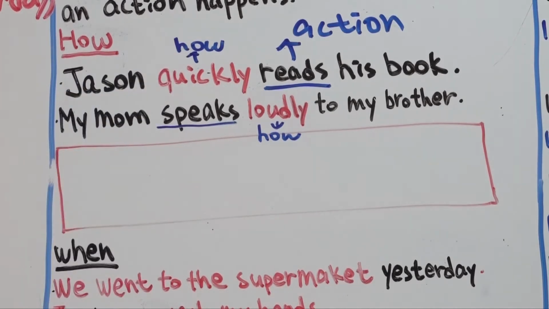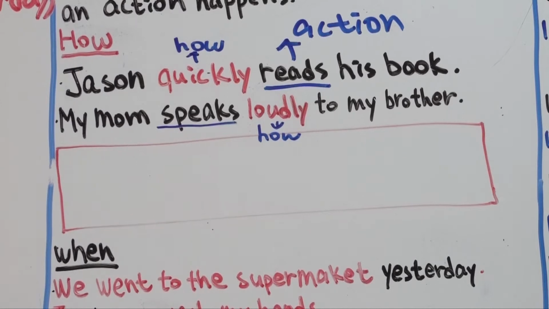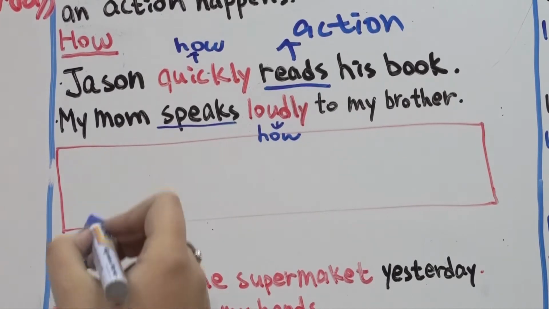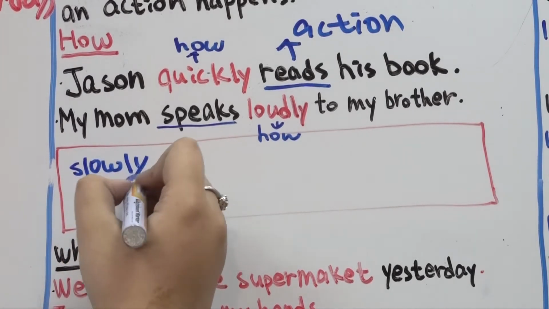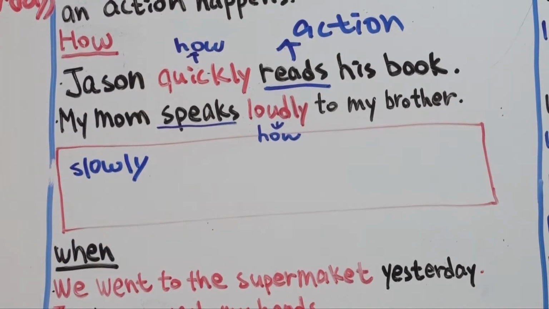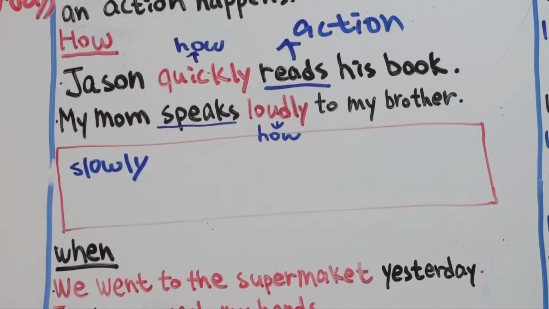Quick means very, very fast, right? So what is the opposite of quick? You got it. That should be slow, right? So the first example you find is slow. To make it an adverb, we add ly. Slowly, right? Slowly. You can write that in the box, please, with your pencil.